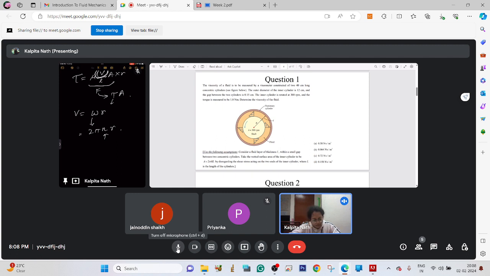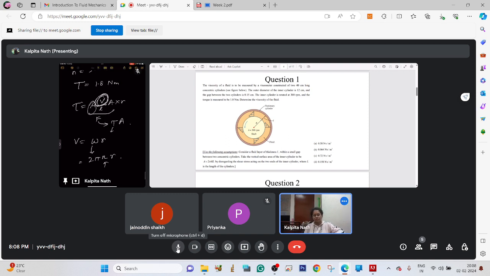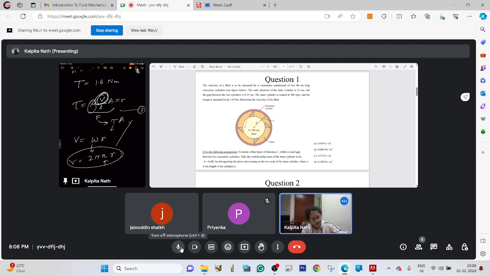So you will get a formula where mu is already there, and you can find mu from there. You can solve it now. I've told you everything, you just have to solve it. Just put this formula for linear velocity in this equation, if I consider this as equation 1. I'll give you 2 minutes.